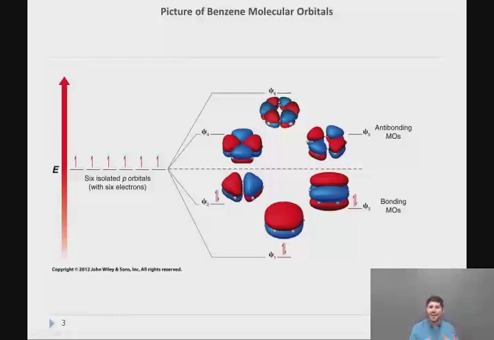Both of those having 1 node are higher in energy than psi1 is. But again, if you look at these structures, there is a level of symmetry associated with them that is basically bilateral symmetry and not trigonal symmetry. There is nothing in this molecular orbital diagram that suggests the alternating single and double bonds, which would actually be a trigonally symmetric structure.